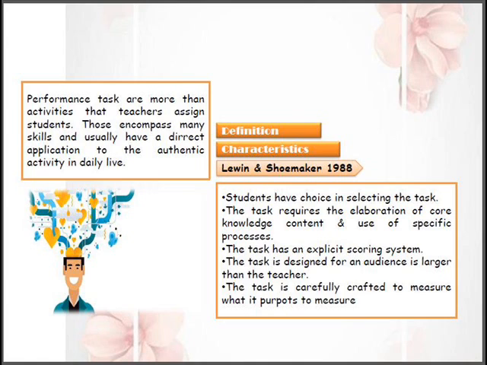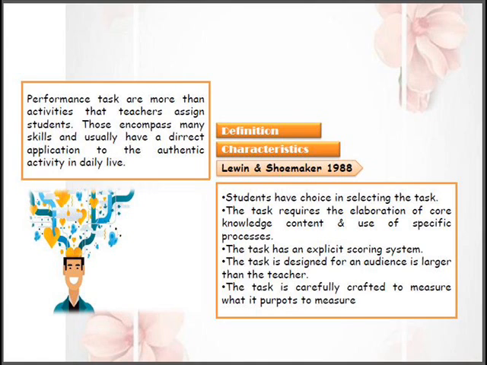The next will be about the characteristics. There are 5 characteristics coming from Lewin and Shoemaker in 1988. 1. Students have choice in selecting the task. The second one, the task requires the elaboration of core knowledge content and use of specific processes.